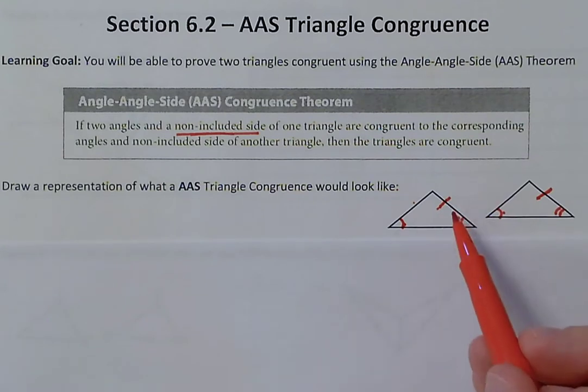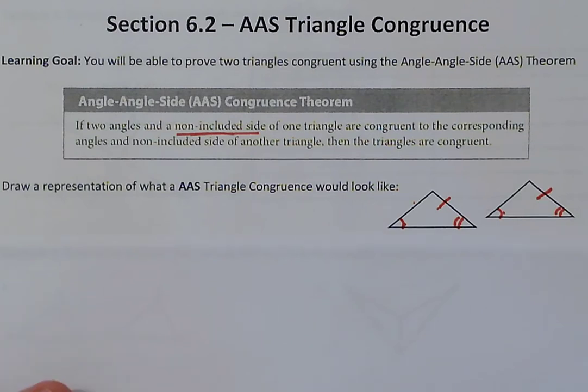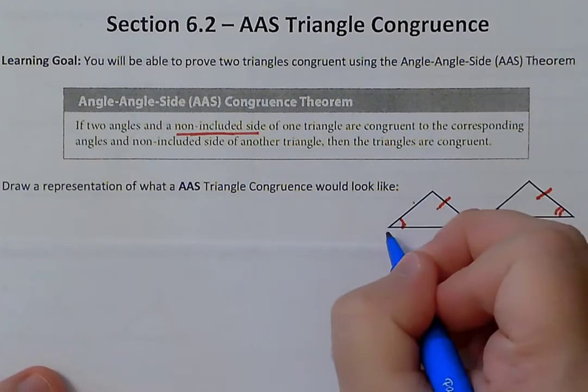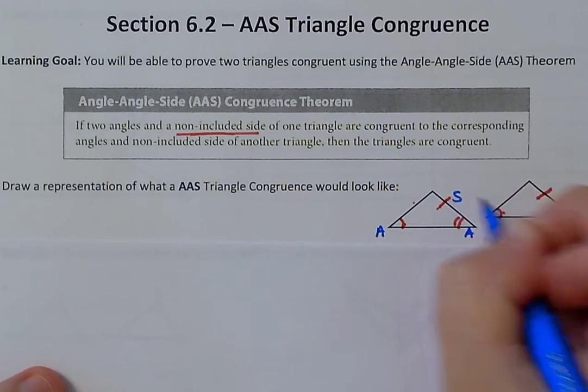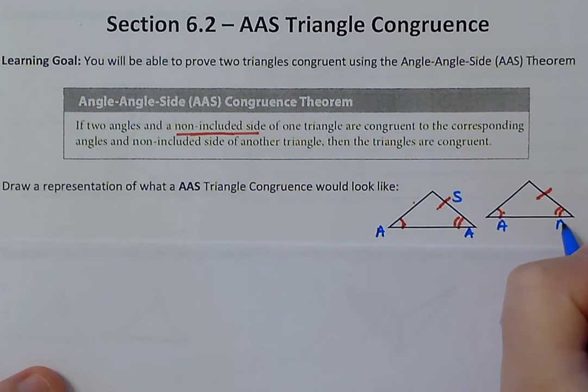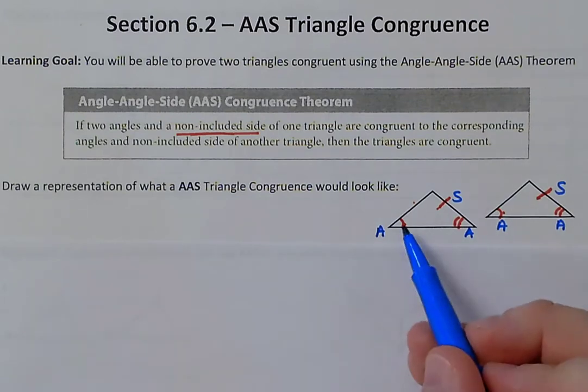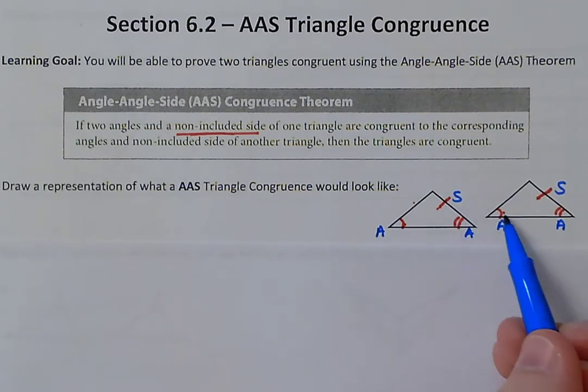It has to be the same order to match it. So today, when you go through and identify if your triangles are congruent, again, you need to have two angles and a non-included side. Key thing again is it has to be ordered. So angle 1, angle 2, side, angle 1, angle 2, side. That order has to match.